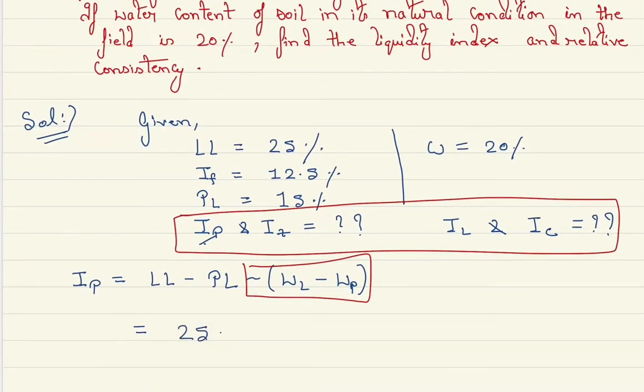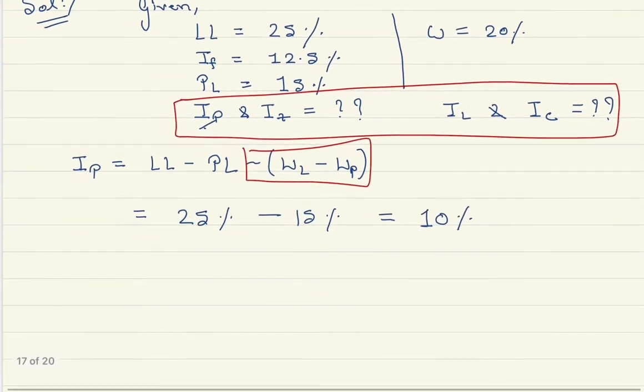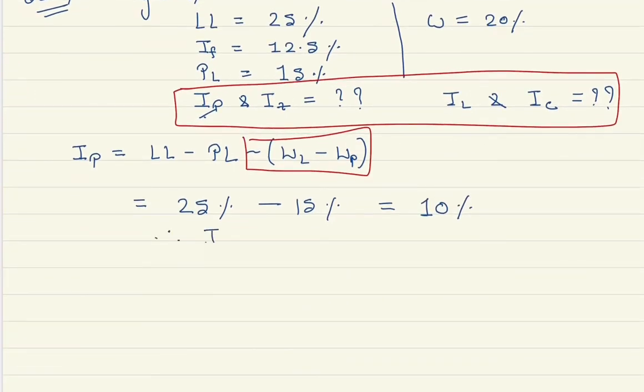What is liquid limit? Liquid limit has been given as 25%, minus what is plastic limit? It is 15%. So the difference is 10%, hence IP is 10%. So the first thing we have found.